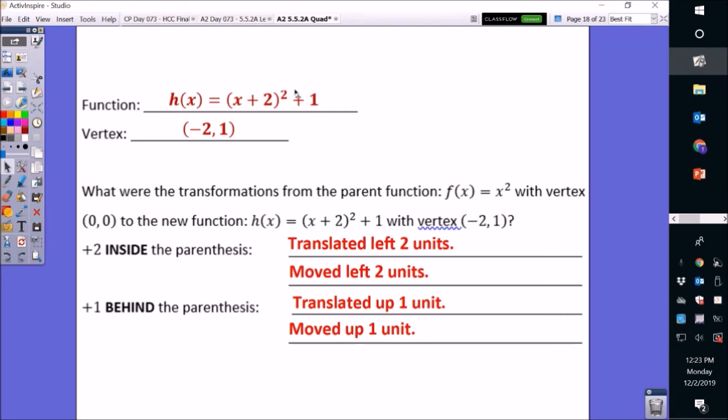Any number that's behind the parenthesis is up or down. For this example, since it's plus 1, the transformation is translated up 1 unit. Now we're going to talk about how these transformations affect the coordinate points, including this vertex, when we are graphing.